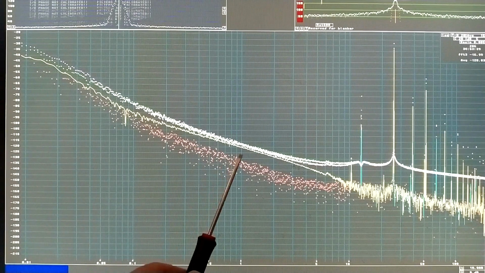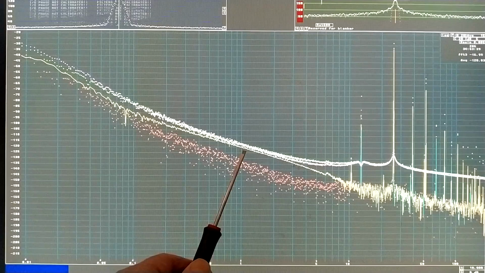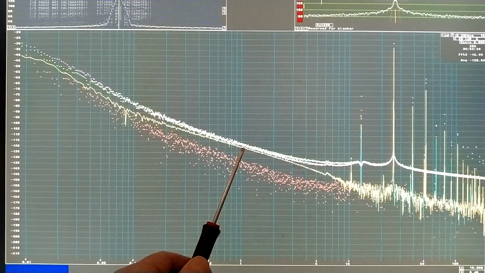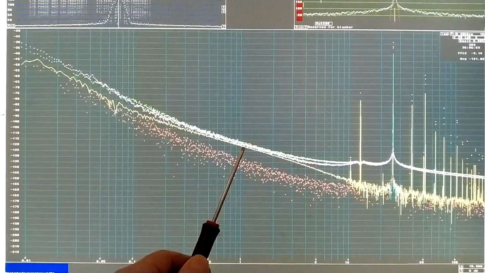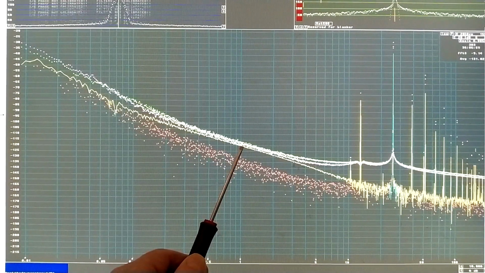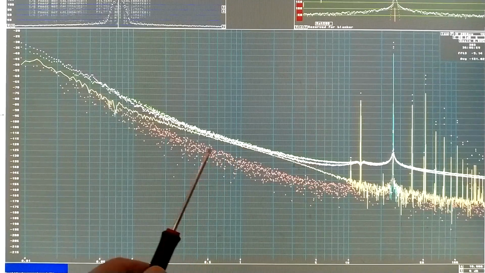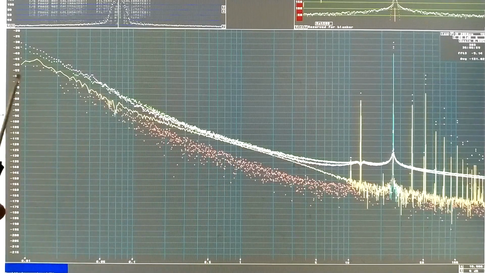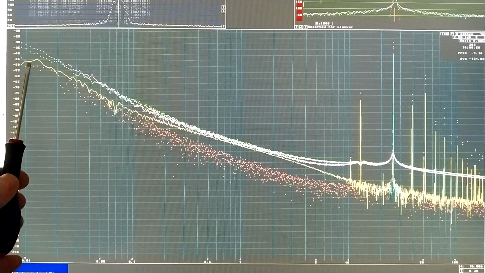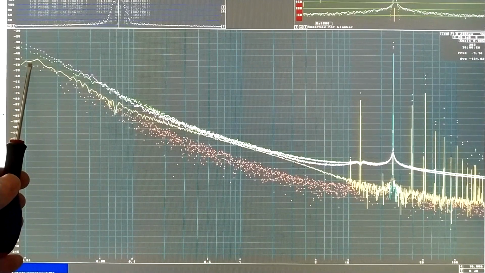At 1 Hertz I can see the yellow trace here is at minus 120 decibels. The new result, well, I have to move a little. It's here, it is minus 120 decibels. So there isn't any difference, except up here, very close to the carrier.